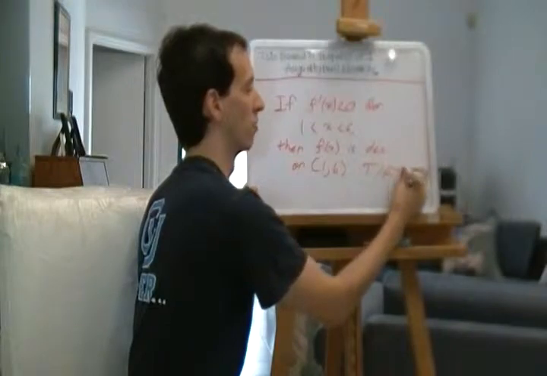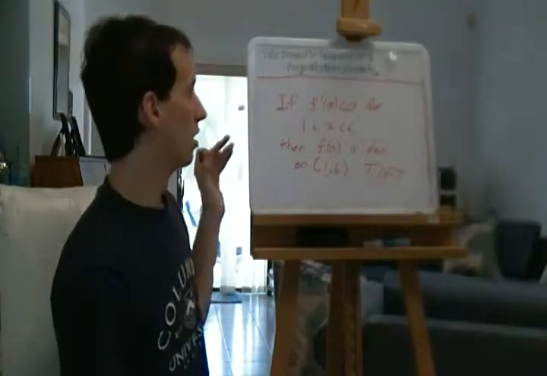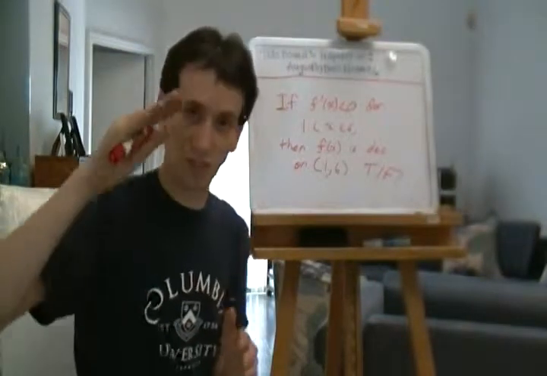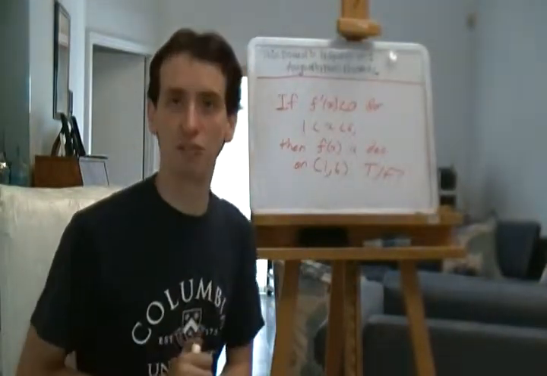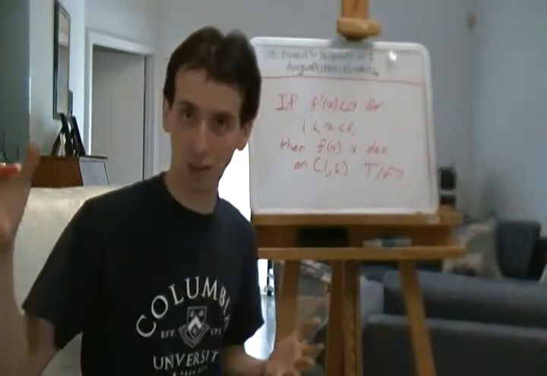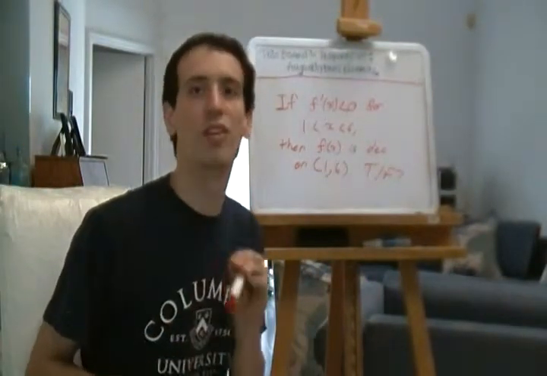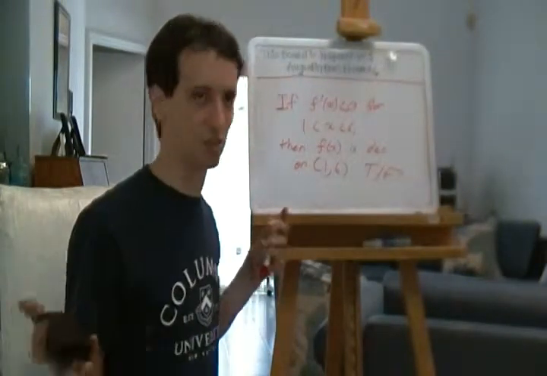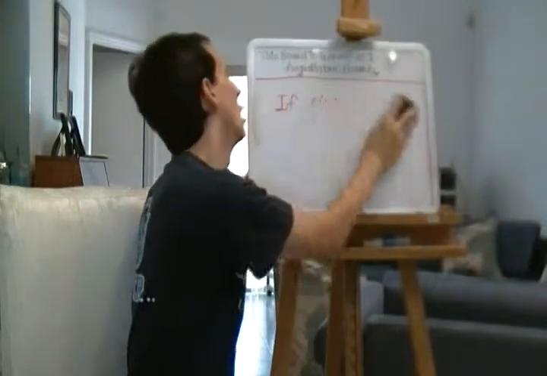True or false? This is obviously true, because as we learned, if the first derivative is negative, it's a decreasing function. If the first derivative is positive, the function will be increasing. Those are two things that we can find out through finding the first derivative, not through the first derivative test.